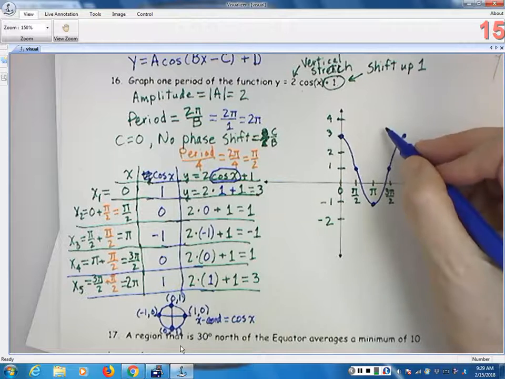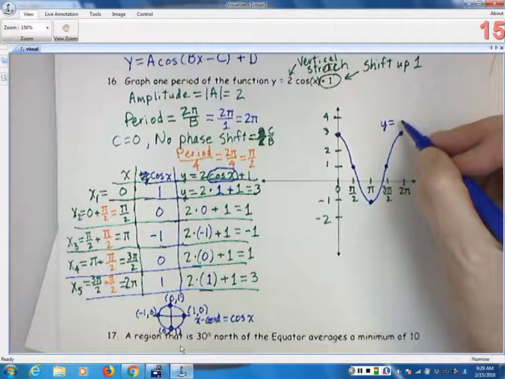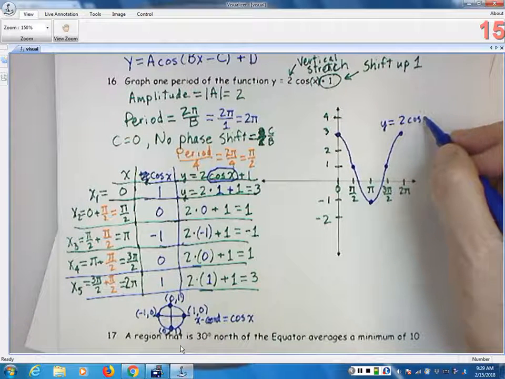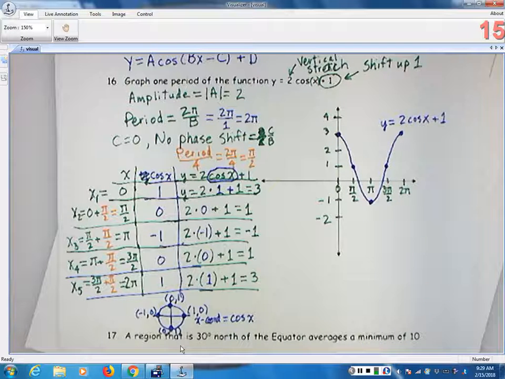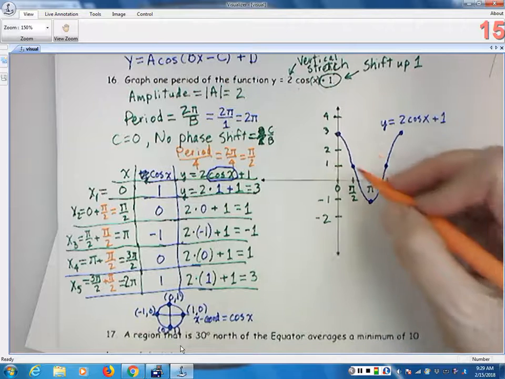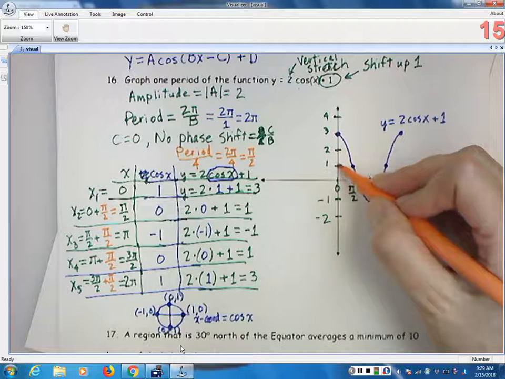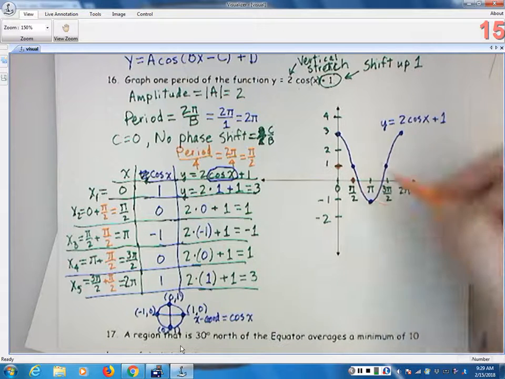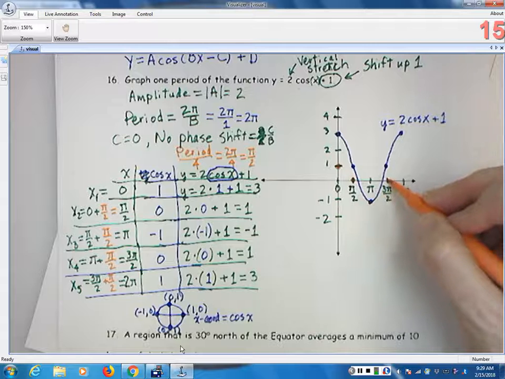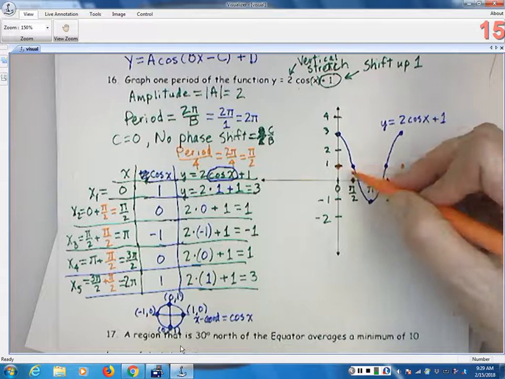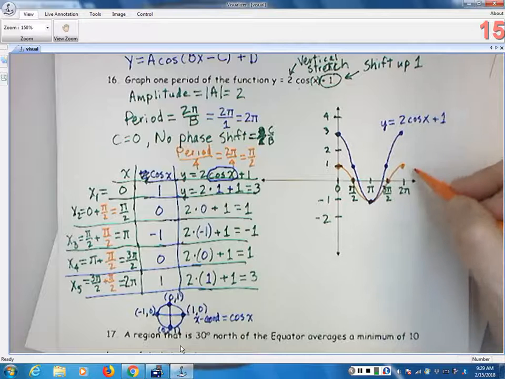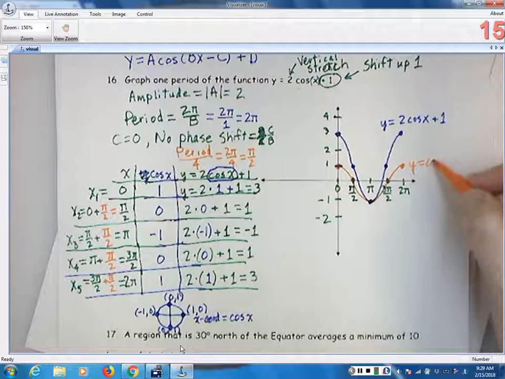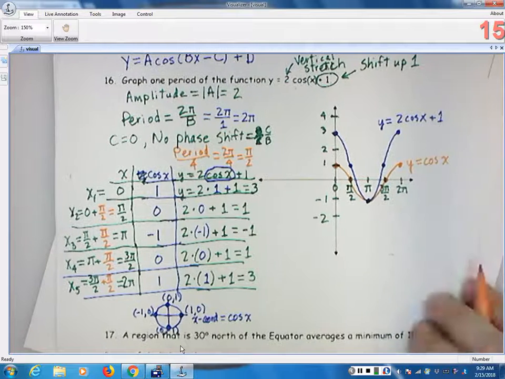This is 1 period of y equals 2 cosine x plus 1. Okay? Now if we want to draw the regular cosine function, it would be here, here, here, here, and here. The regular cosine function here. Okay?